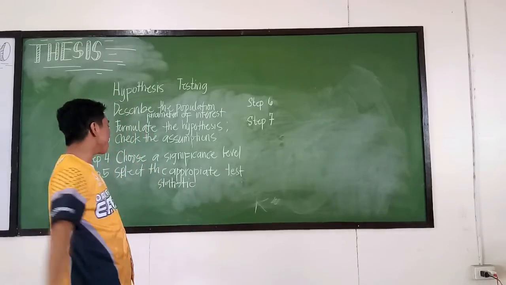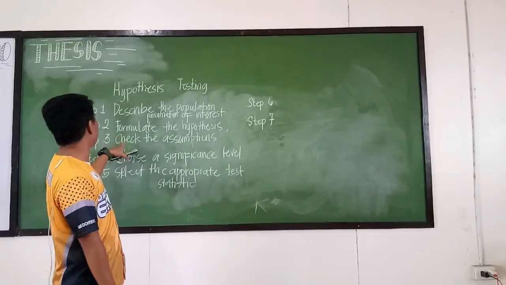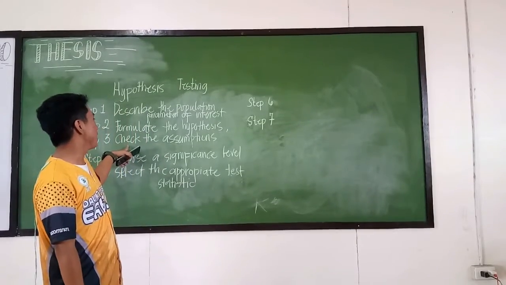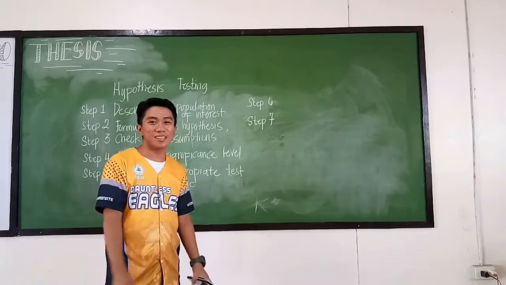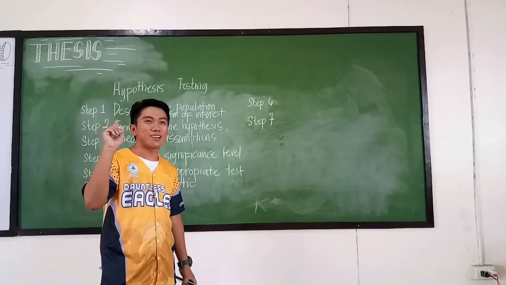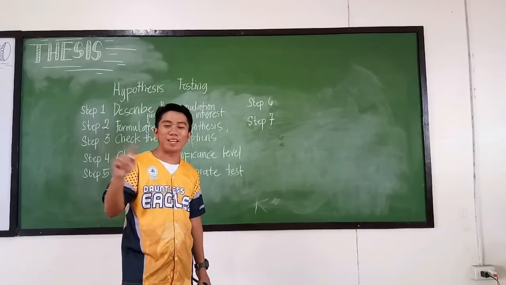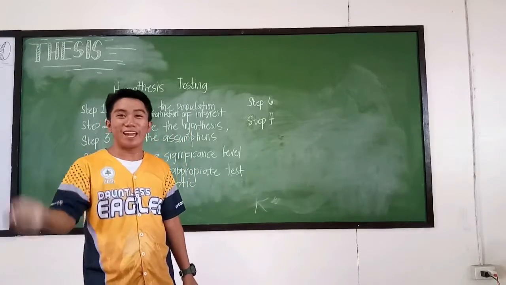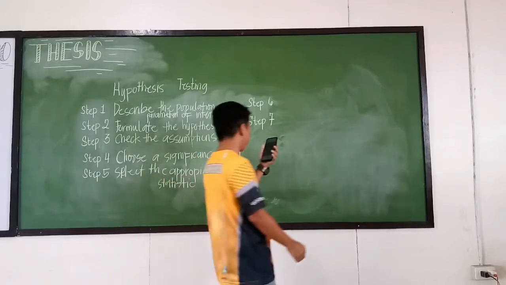We can determine the appropriate test statistic that you can use in step 3. Just like what I said earlier, we can use test statistic if your number of sample population is in line with the central limit theorem, which is 30. Step 6.